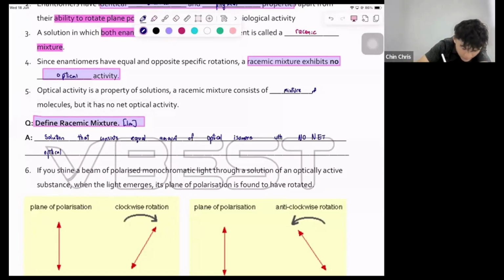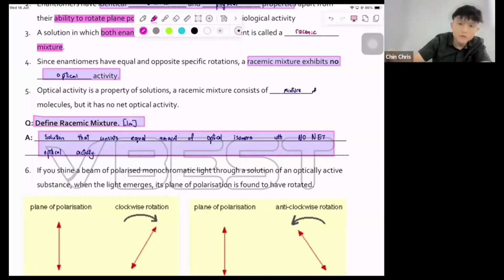Understand? Highlight this: no net optical activity. That's it. Clear?